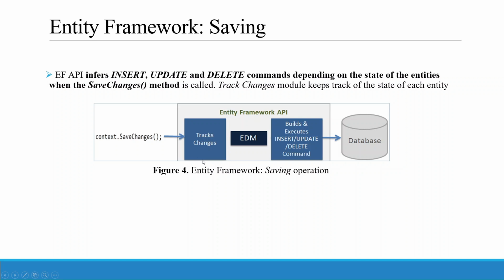This module, as we said before, keeps track of all the changes that we have done on the entities. Maybe we have changed the property of an entity, or maybe we have deleted some entity from the context. Based on these changes, Entity Framework will build and execute insert, update, or delete commands. And in the end, these commands get executed onto the database.